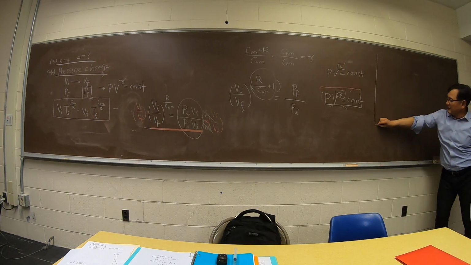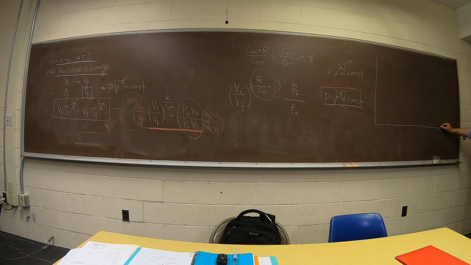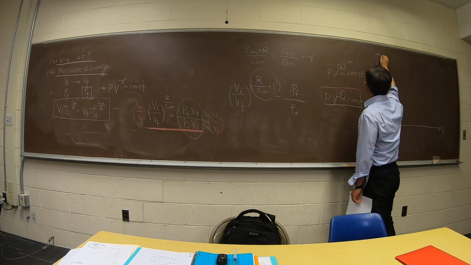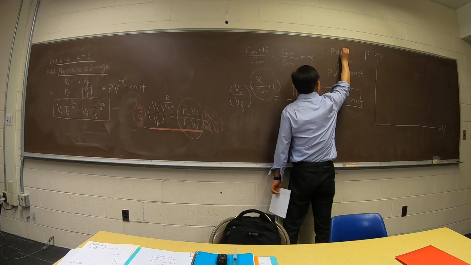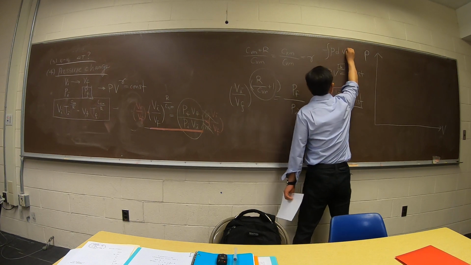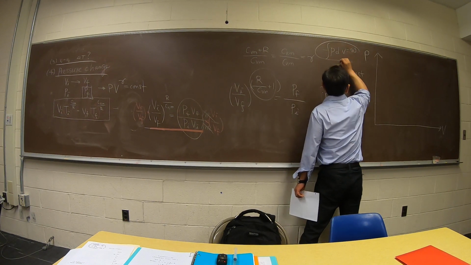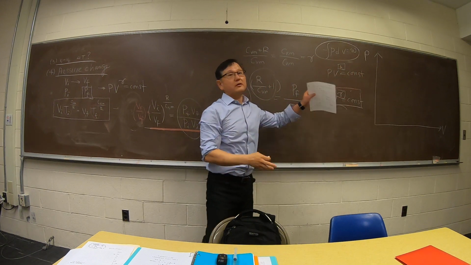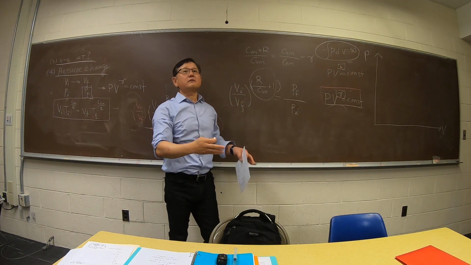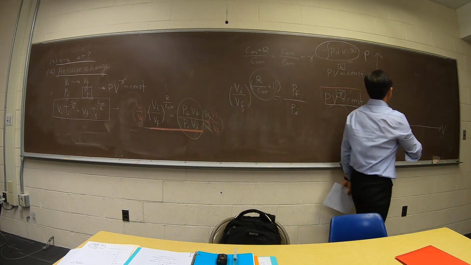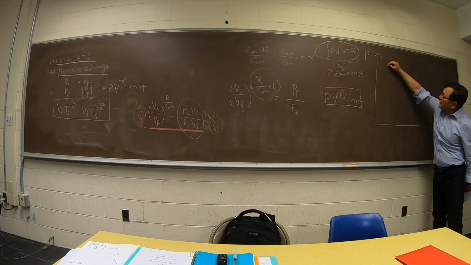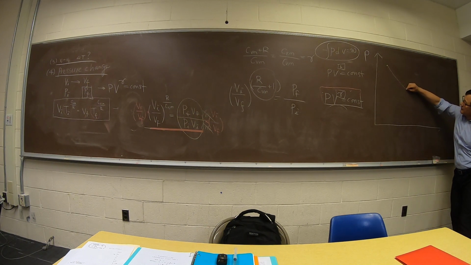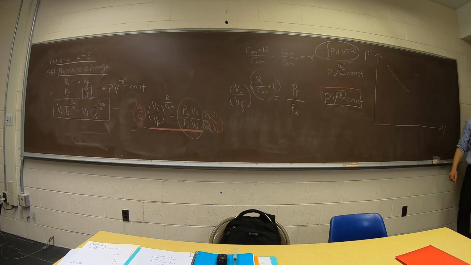Here, my choice is volume versus pressure, because you remember that minus P dV is the reversible work. That's why I like to draw P over V, and the area under the curve is the work. But what I'm doing now is an isothermal expansion. This is an isothermal expansion.